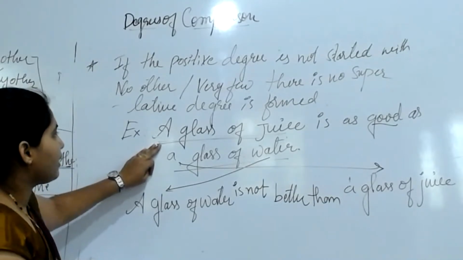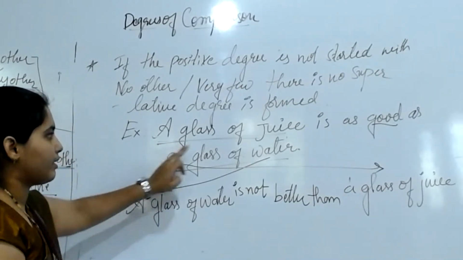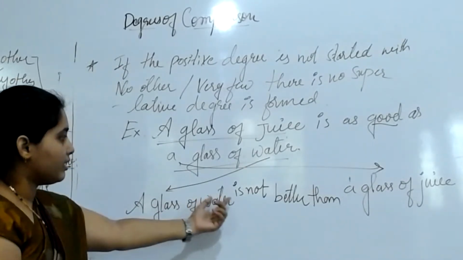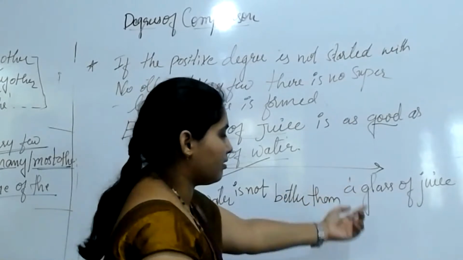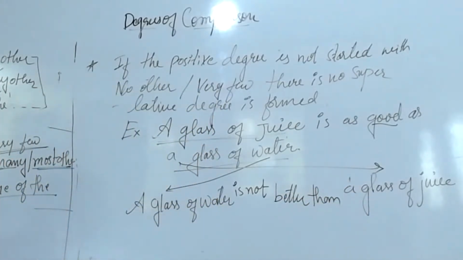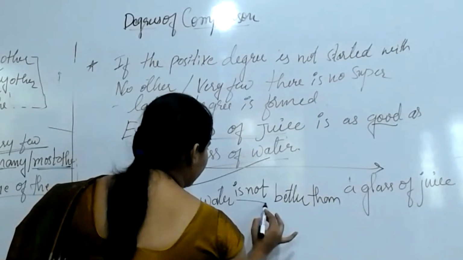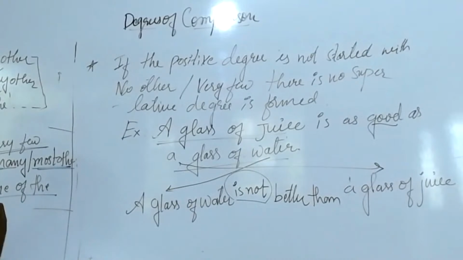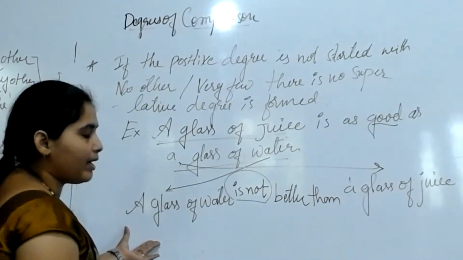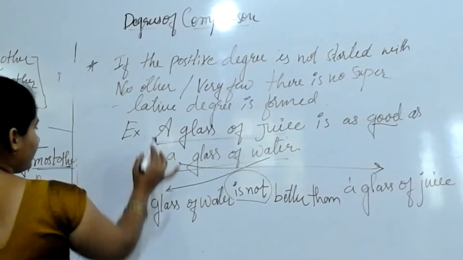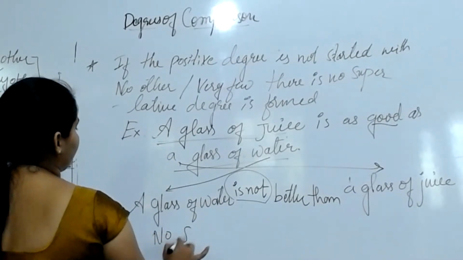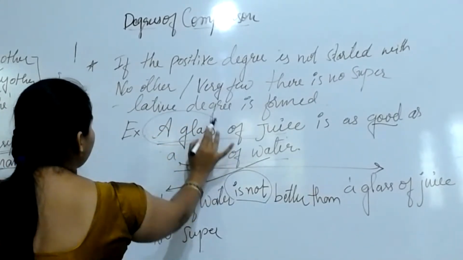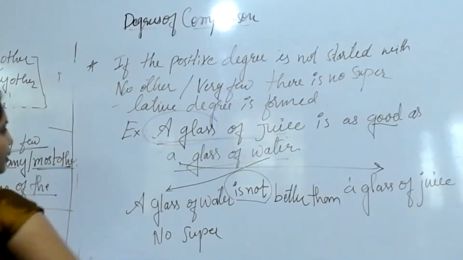See, a glass of juice is as good as a glass of water. After transforming, what will be the answer? A glass of water is not better than a glass of juice. Just add is not. You have to change it into the negative sense in the comparative degree. So for this, there is no superlative degree, because the sentence does not begin with very few or no other.